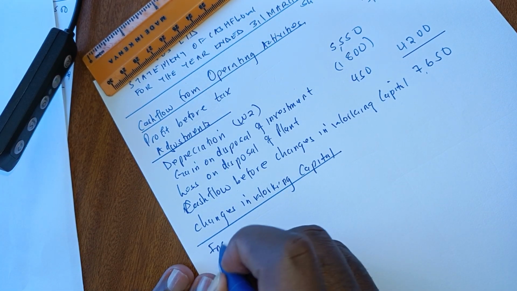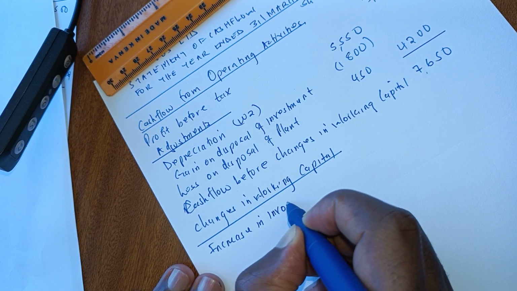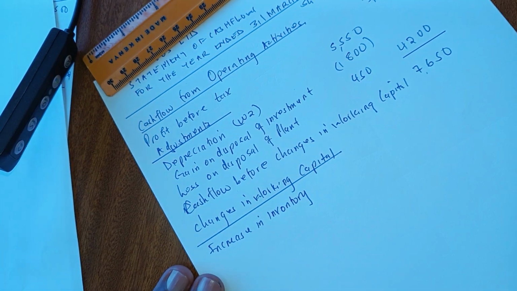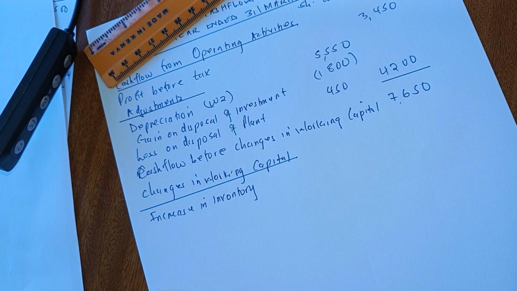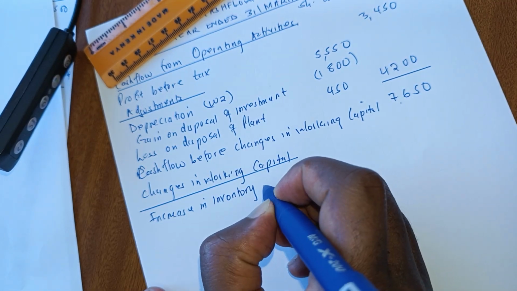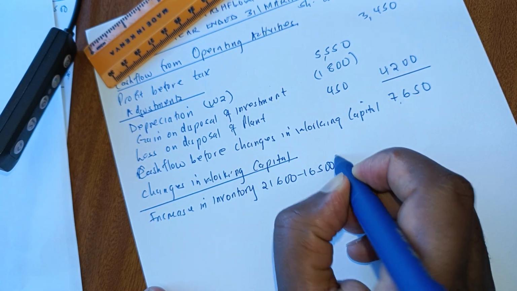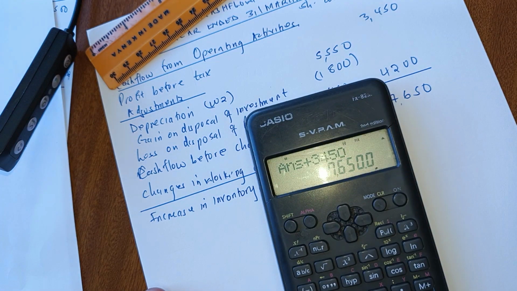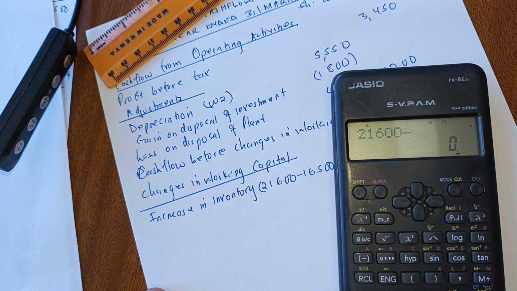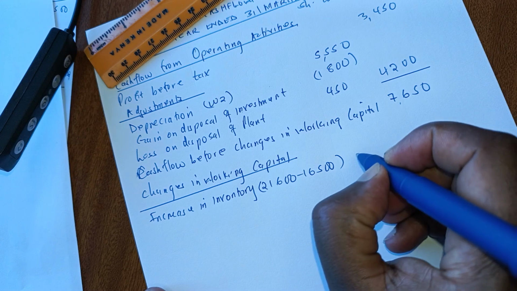So anytime inventory increases, it shows that cash was going out because you're buying more stock. So 21,600 minus 16,500, you get 5,100.